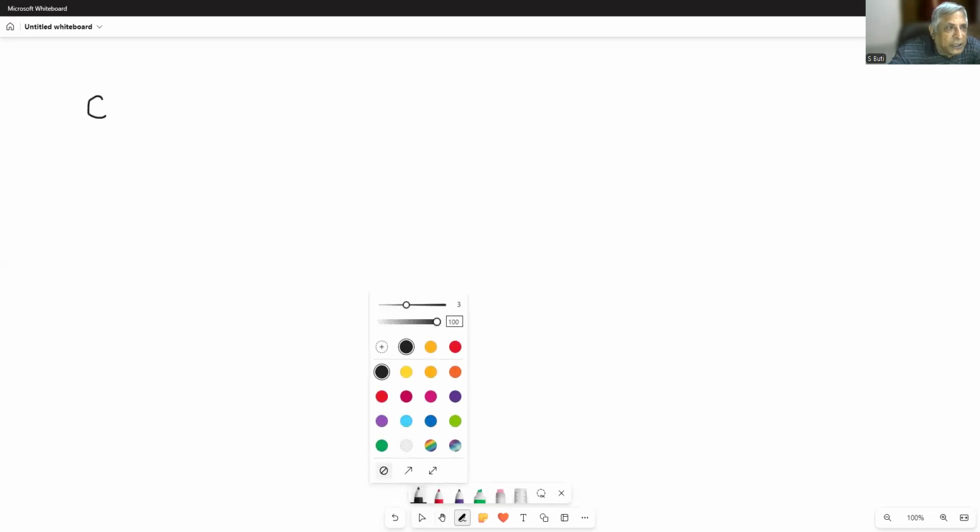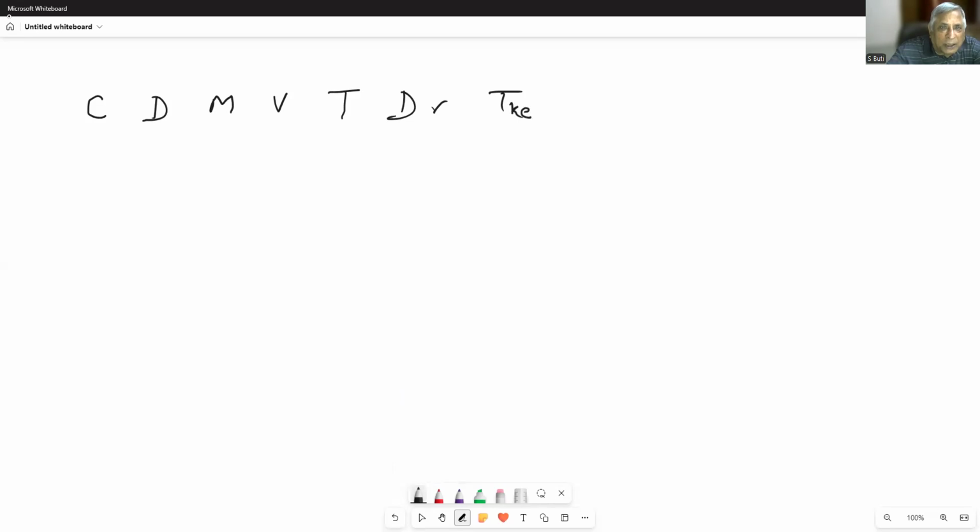C means compass heading, deviation, magnetic heading, variation, true heading, drift. Then you have the track, planned track or the desired track. And if you have a track error, then the TMG will be different.